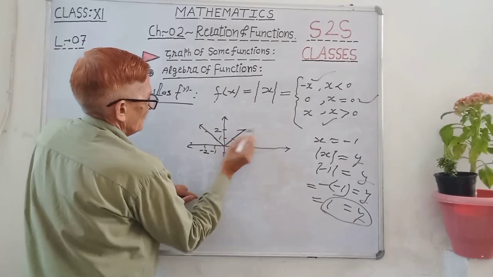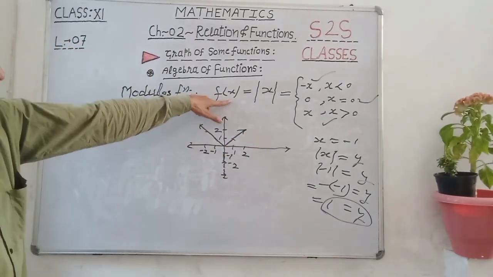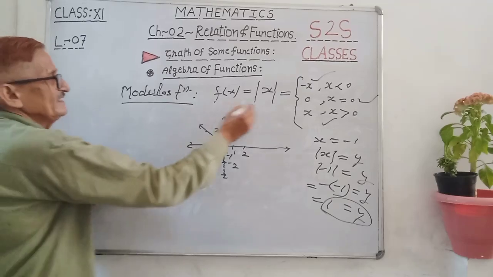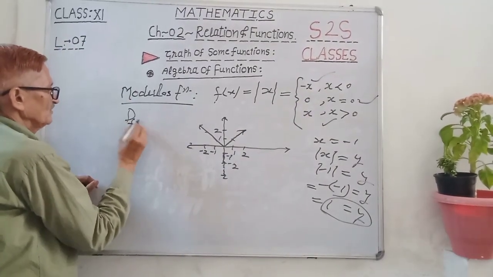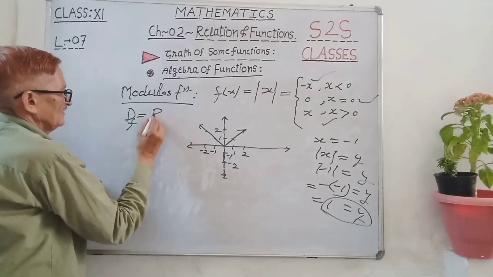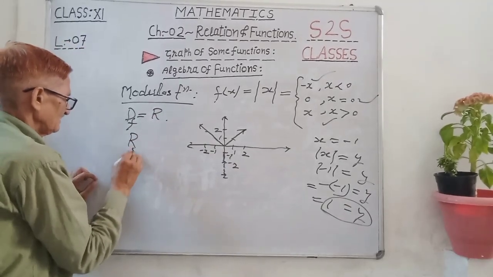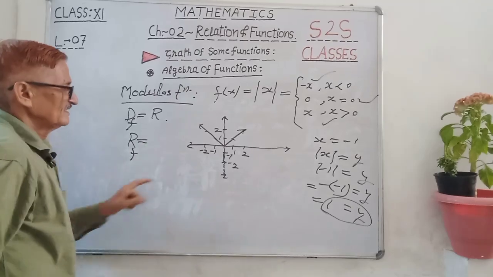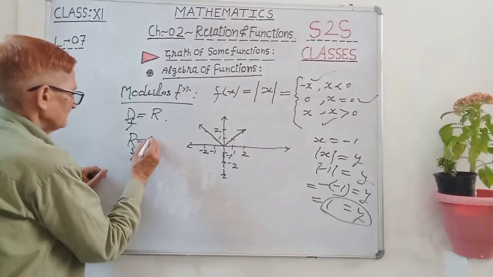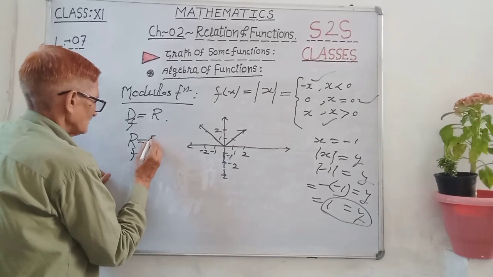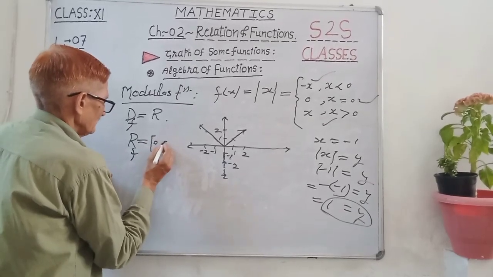This is the graph of the modulus function. Okay. Domain: all real numbers. Domain of this function is the real number set, and range of this function, output, is 0 to infinity, 0 closed to infinity.